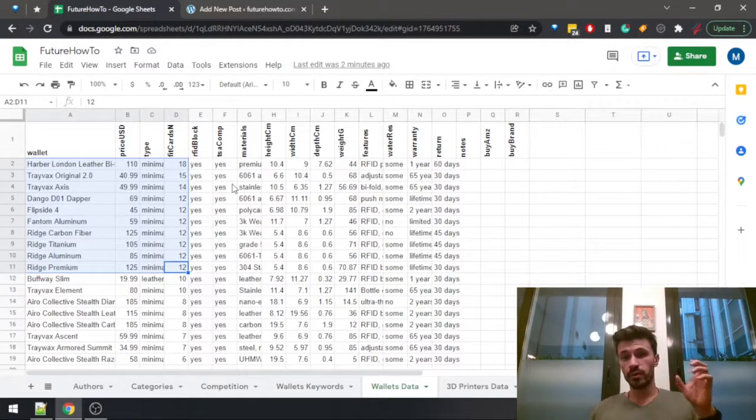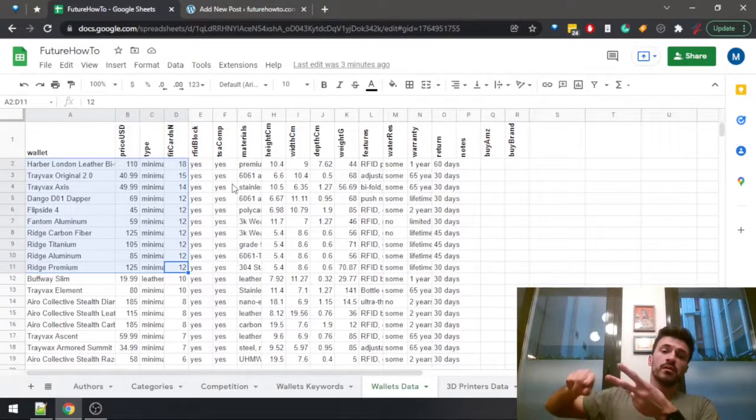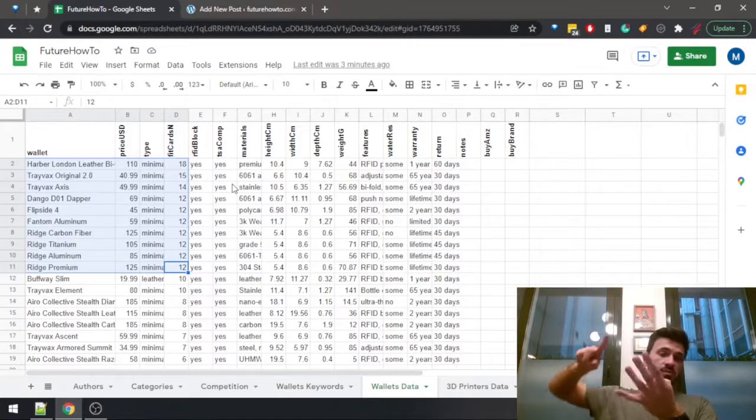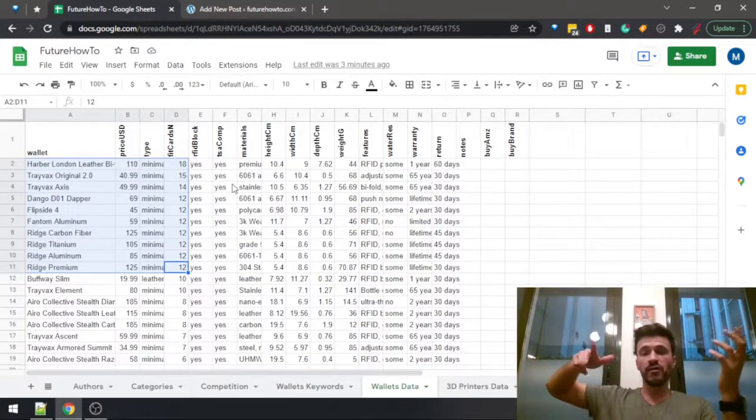So we're already writing on best minimalist wallets with a lot of card capacity, but even among the ones that we choose from this primary criteria, we're still going to go a step deeper, and maybe we're going to do something like best minimalist wallets with a lot of capacity that are the best premium choice, the best budget choice, the best aluminum choice, the best leather choice, the best elegant choice, maybe the lightest weight, the most featureful, something like that.